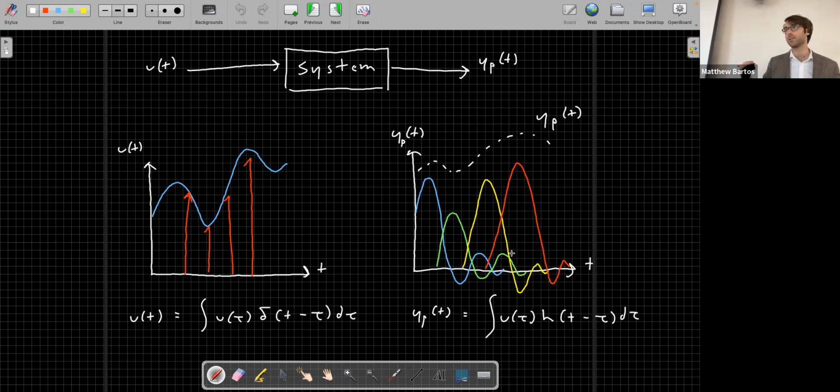Okay, so this is conceptually what's happening when we are performing convolution to determine the particular solution. We are summing up the responses to all of those little impulsive inputs, with each one being scaled by the envelope of the function here. Are there any questions conceptually on impulse response and convolution before we move on?